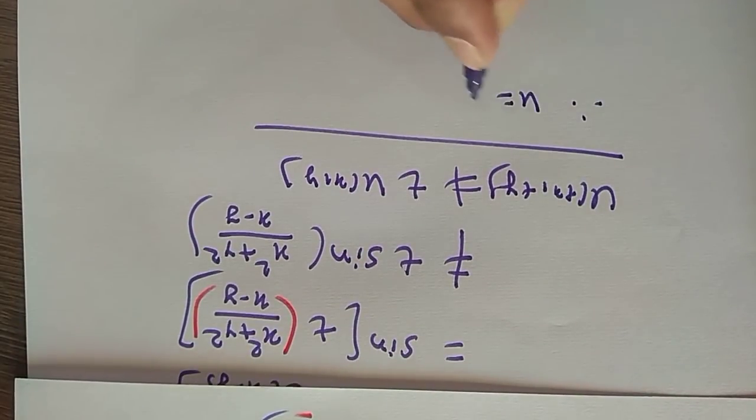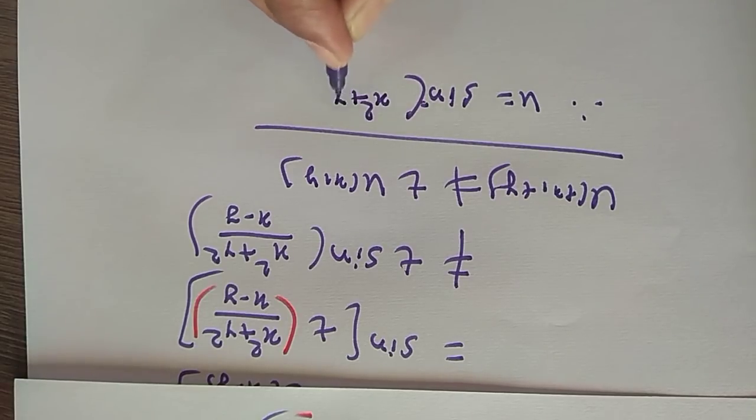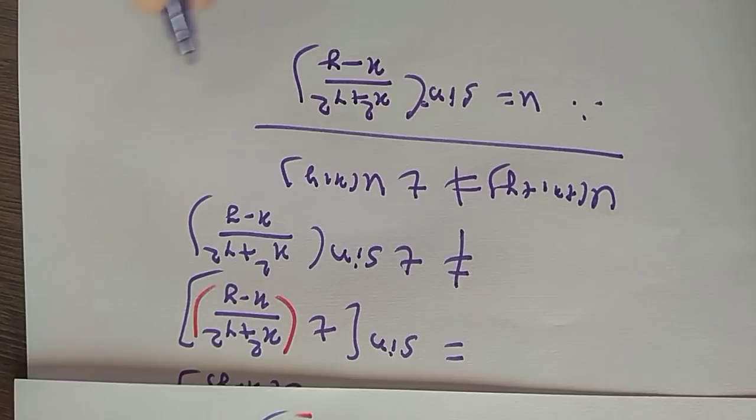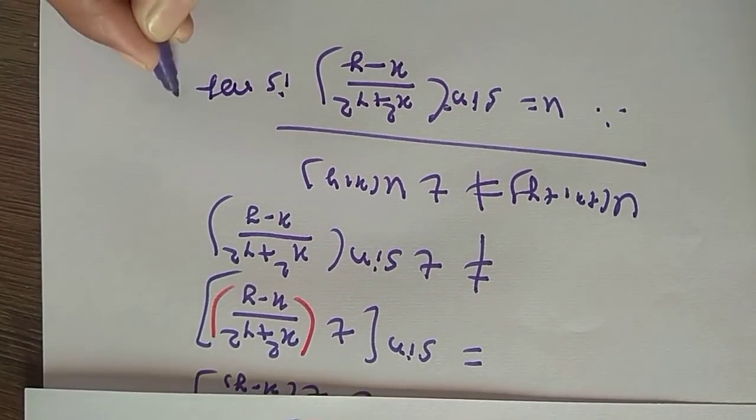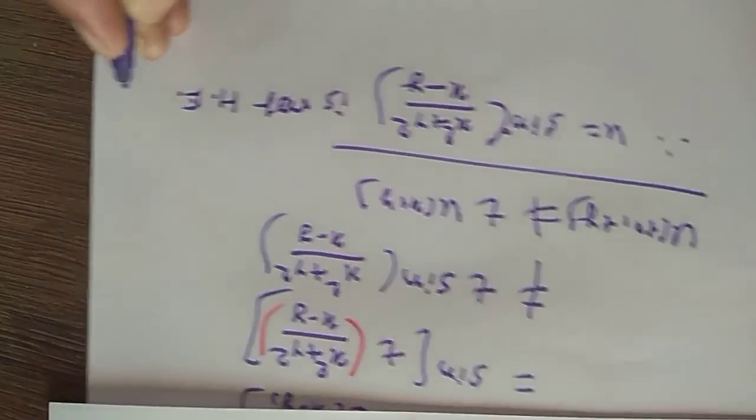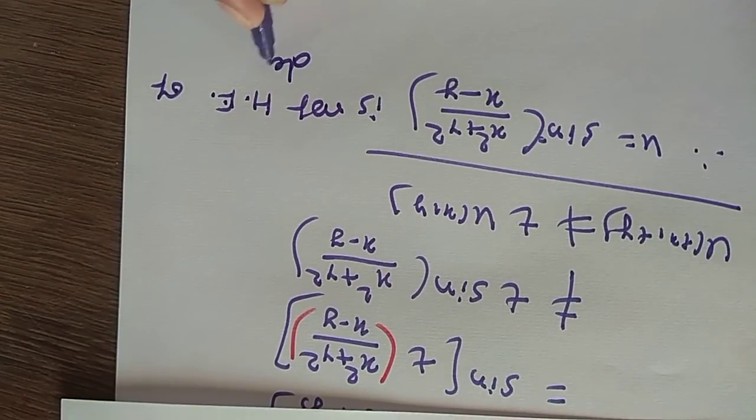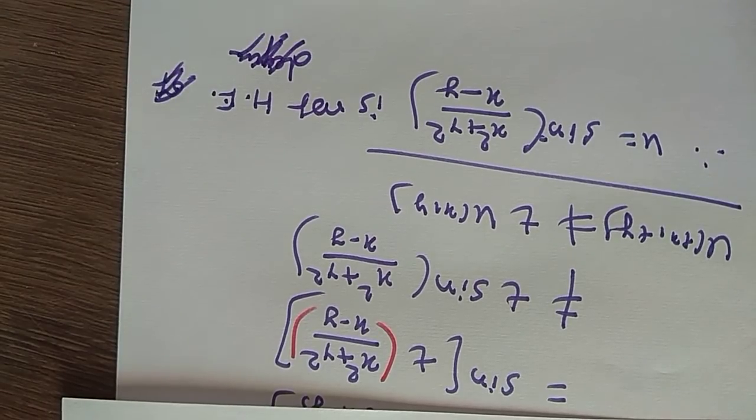Therefore u is equal to sine of x square plus y square divided by x minus y is not a homogeneous function. But the interesting thing is that the angle is homogeneous, while the total function is not homogeneous.